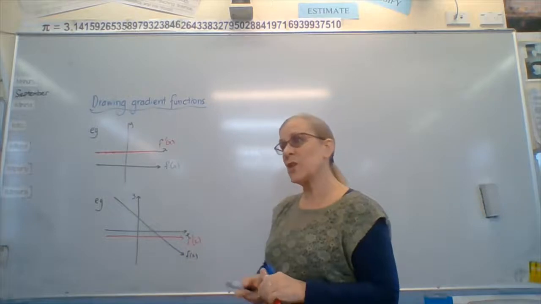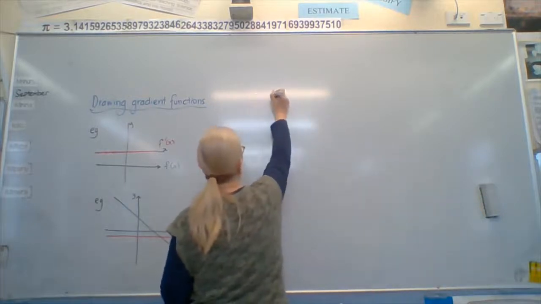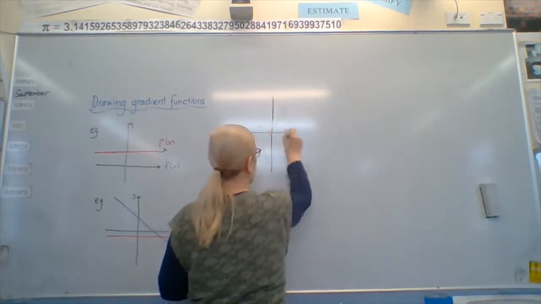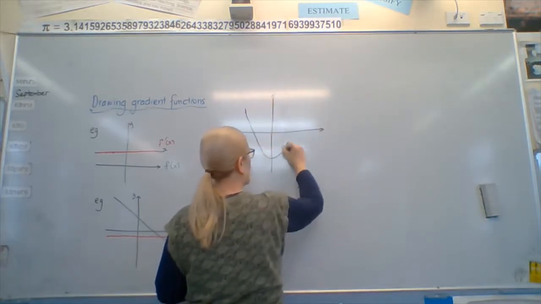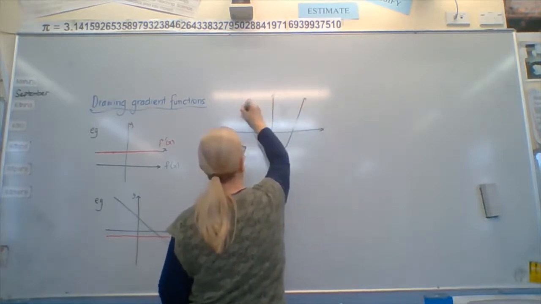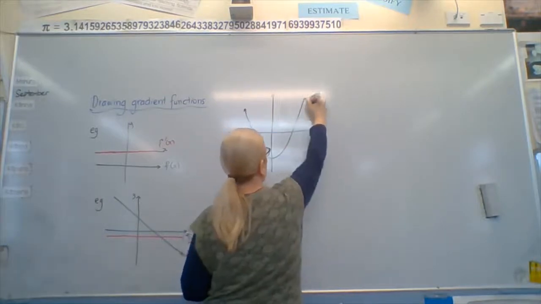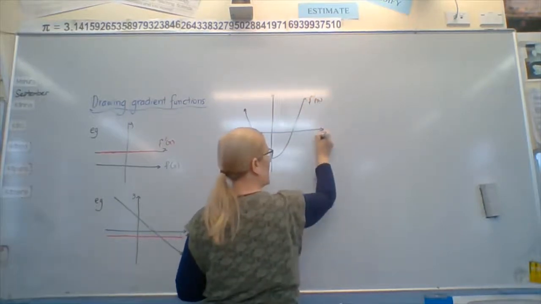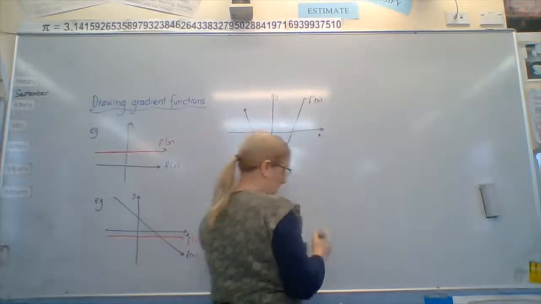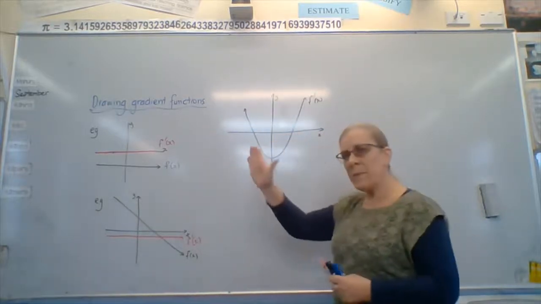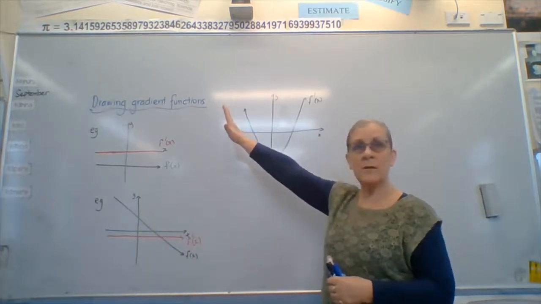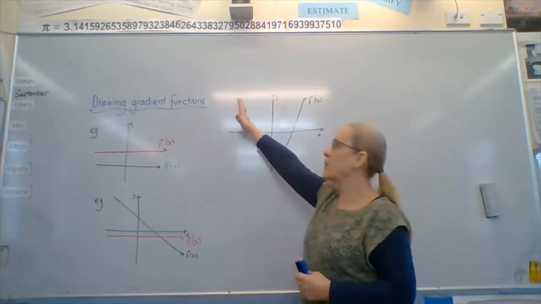So then we get to the tricky ones. We get a function like this. What kind of function is it? Parabola. It has a turning point or a vertex. Remember that ruler that I was talking about? We took the ruler and put it on here.